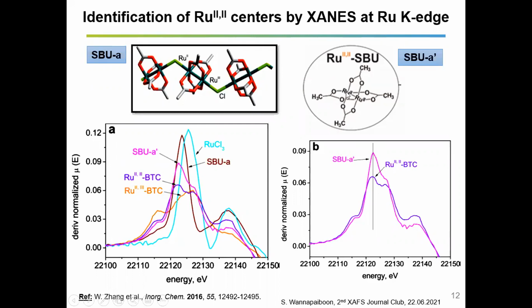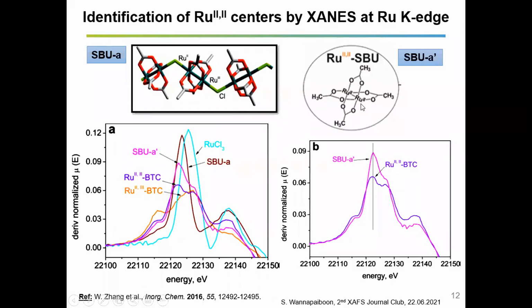I think I forgot to mention that this kind of SBU is synthesized in an inert atmosphere, in order to avoid oxidation of ruthenium-2 into ruthenium-3. Instead of using the previous SBU, which in the end gave the formation of ruthenium-2 and 3+, we changed to this kind of SBU and performed the experiments in an inert atmosphere in order to get the ruthenium-2,2 HKUST-1 structures.